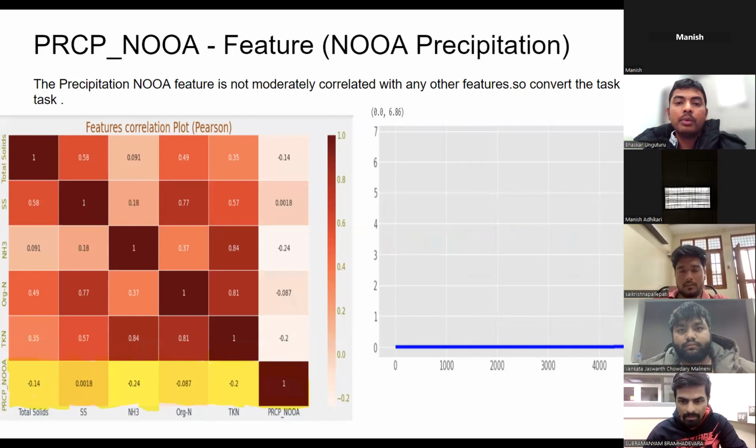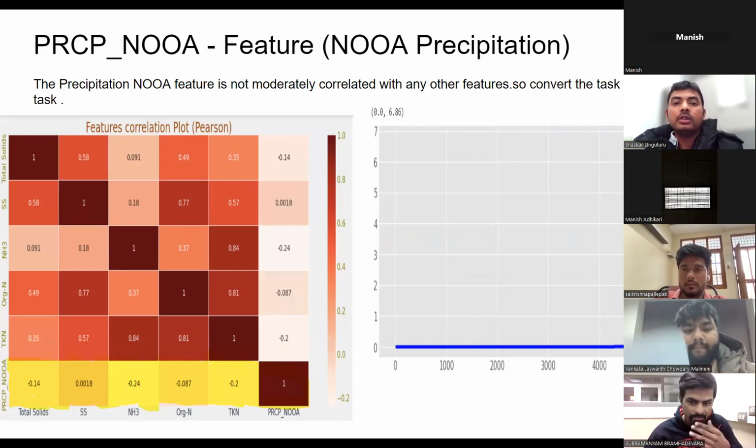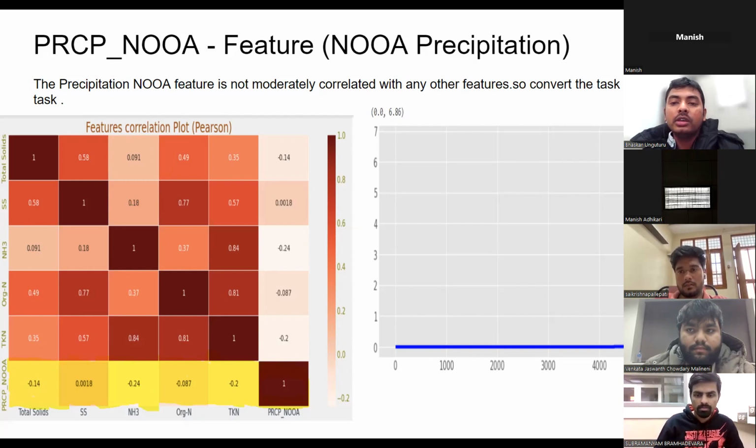Coming to the next feature, that is precipitation. This precipitation feature in the water data set is completely different. This feature has no empty values, and it does not correlate with any feature in the water data set.